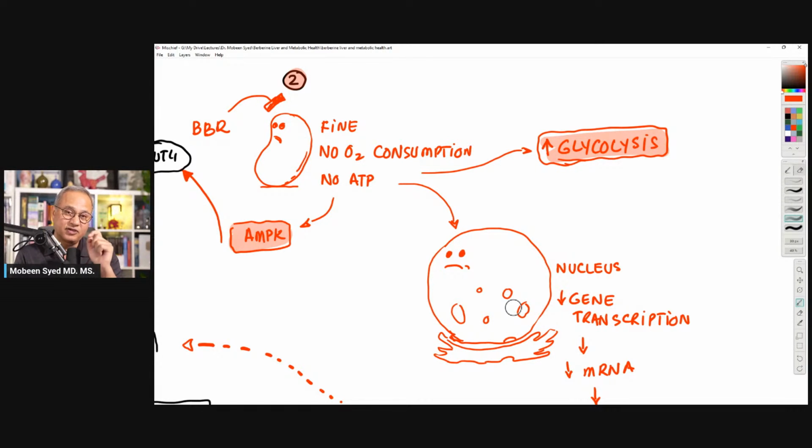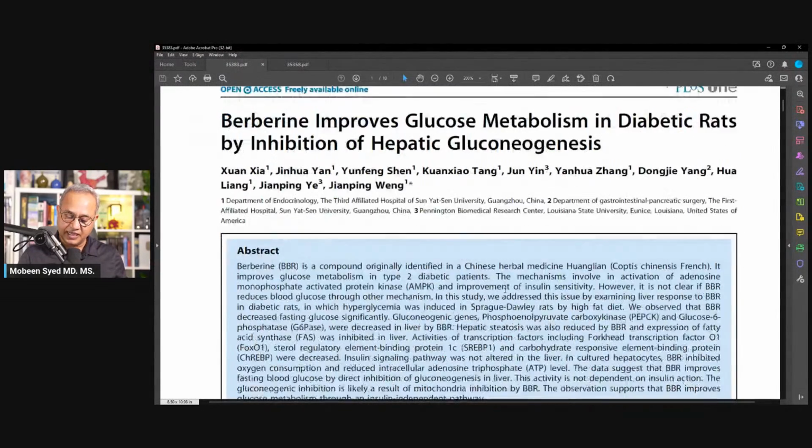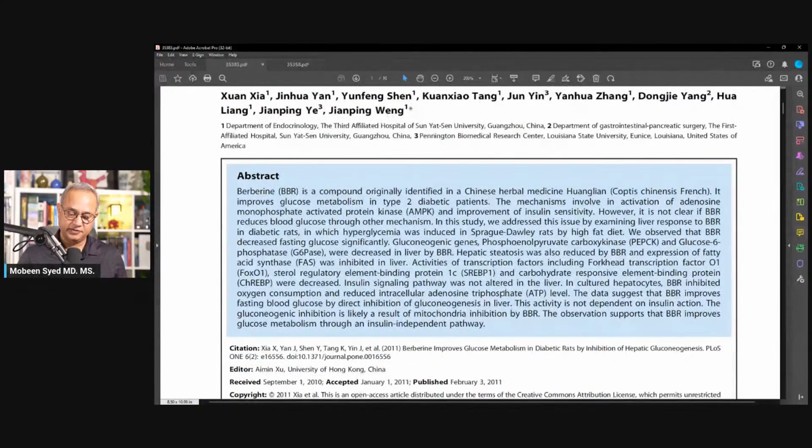Now, this behavior of berberine is independent of insulin. This is very important because at some point it was thought that berberine goes to the pancreas and releases insulin, as I taught yesterday, and that is the mechanism. But that is not the only mechanism. This particular study actually shows the mechanism of berberine independent of insulin. So see, the insulin signaling pathway was not altered in the liver.